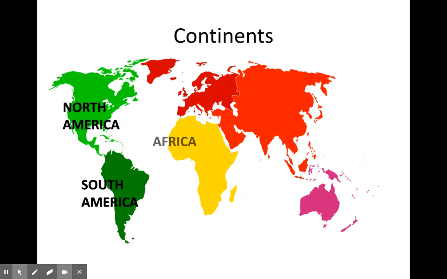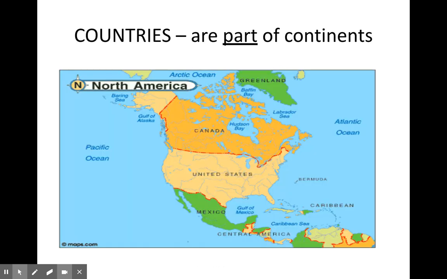Next, we're just going to label it for us. I went ahead of myself. So countries are part of continents. You see the Central American continent countries, Mexico, United States, Canada, Greenland. Those are all part of North America.